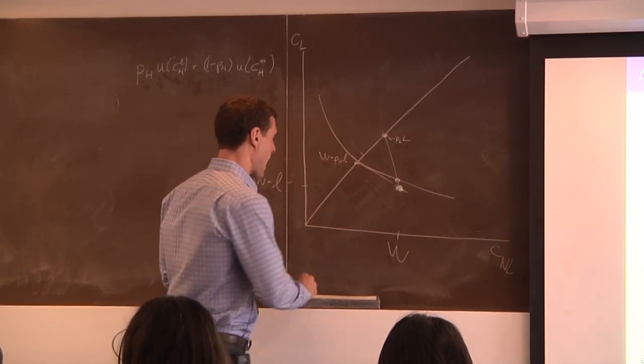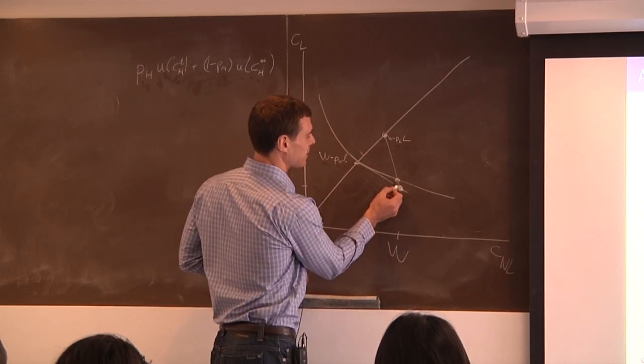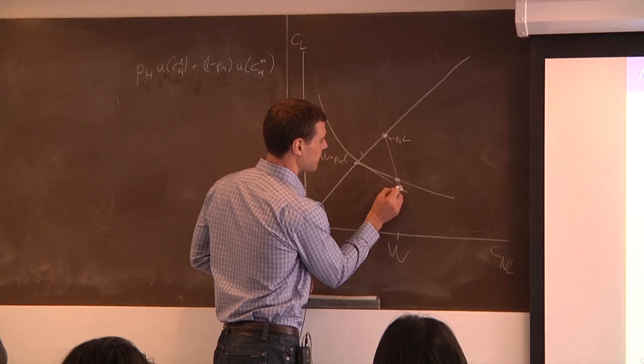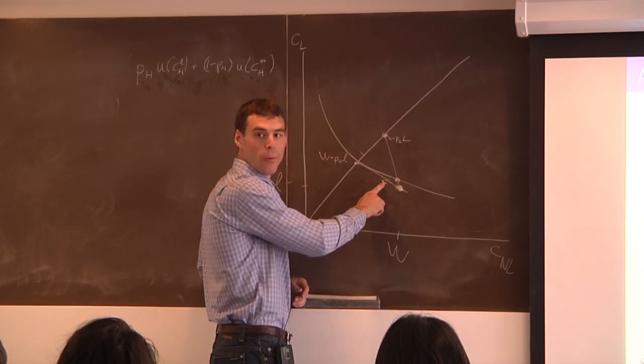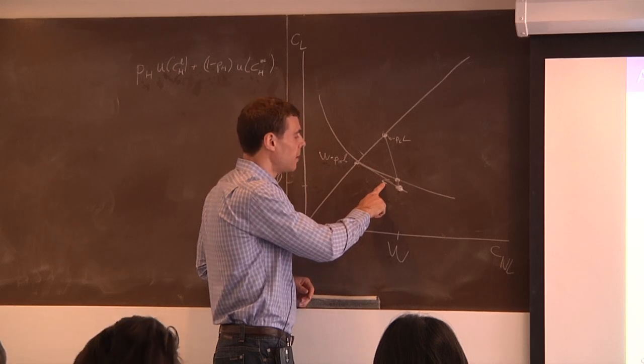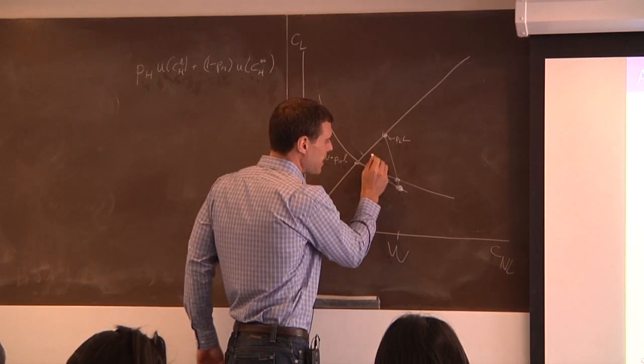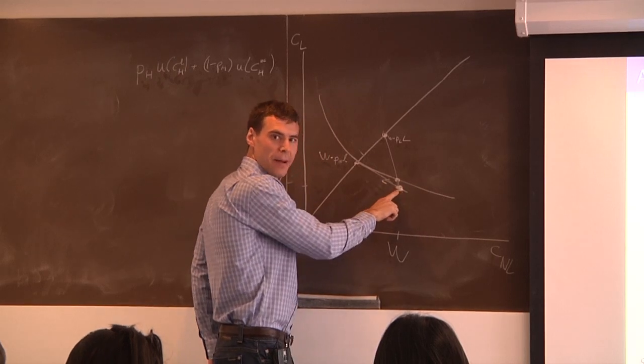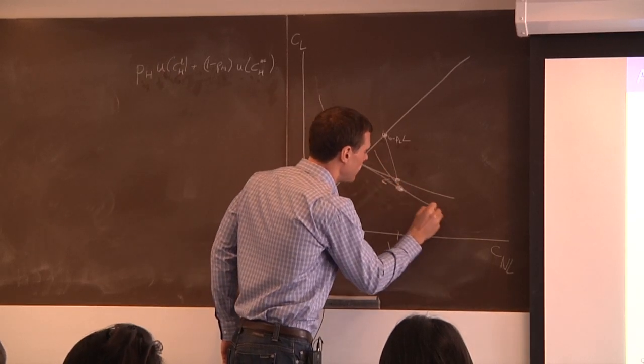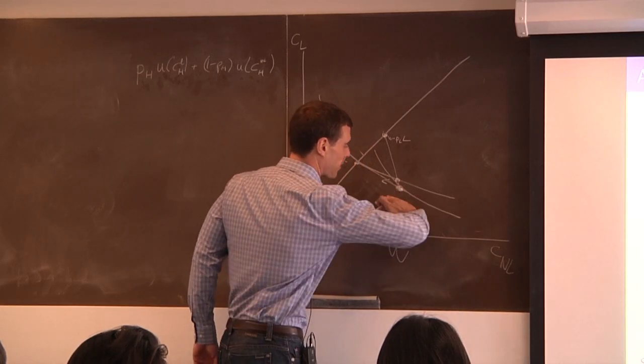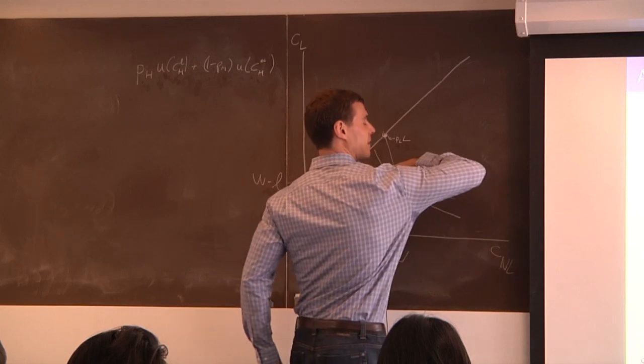Well, what happens? Let's imagine that we try to sell some kind of insurance policy that goes in this direction, that tries to get people away from the endowment. Well, the set of people who are going to be willing to pay for this policy is the set of people whose indifference curves are sloped at least this much, right?